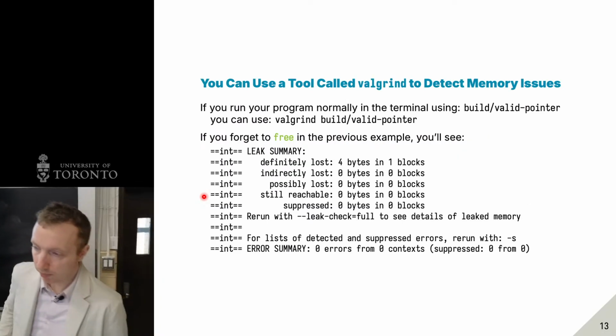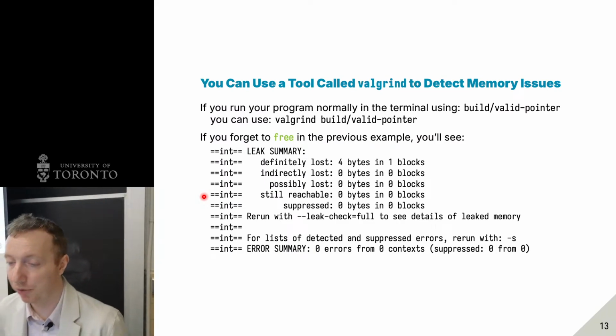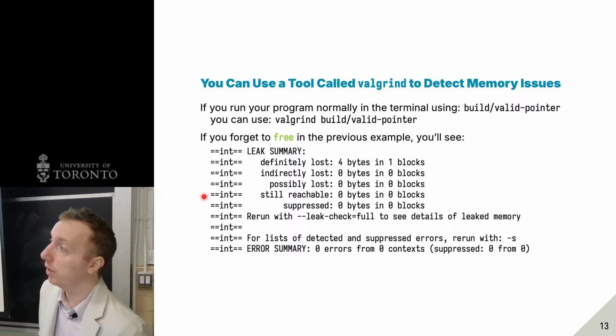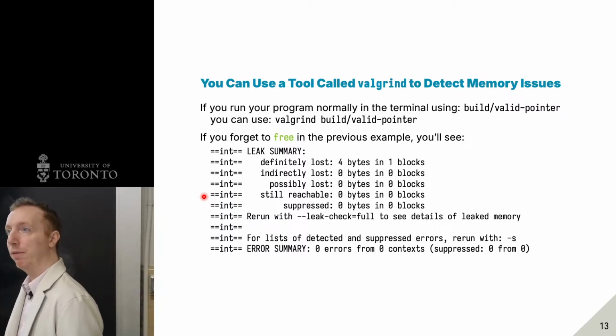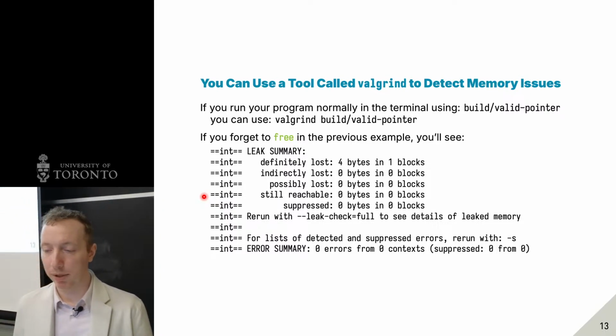So you can use a tool called Valgrind to help detect memory issues, which is really, really good. And you might find it very useful when you start working on the labs that start to get more complicated now.